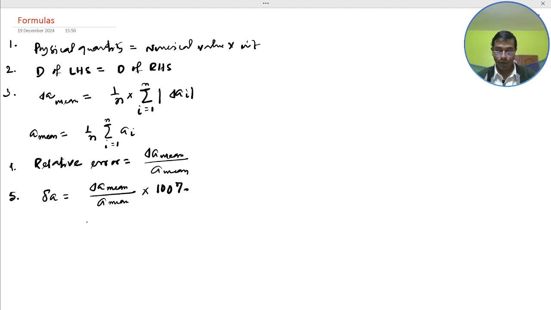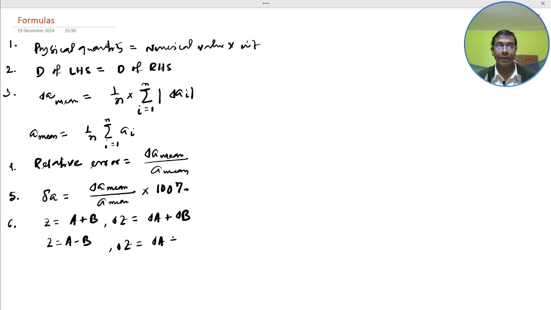And the combination of error. Suppose in sum format z equal to a plus b, so del z would become del a plus del b. For a minus b, so del z is del a plus del b.